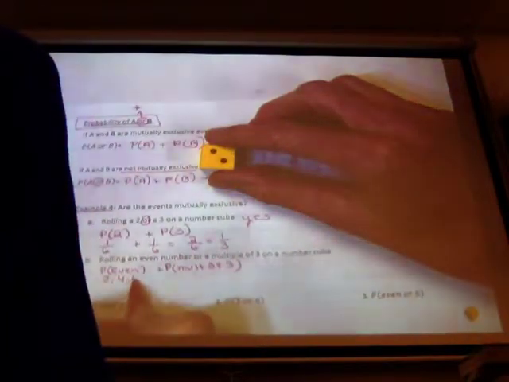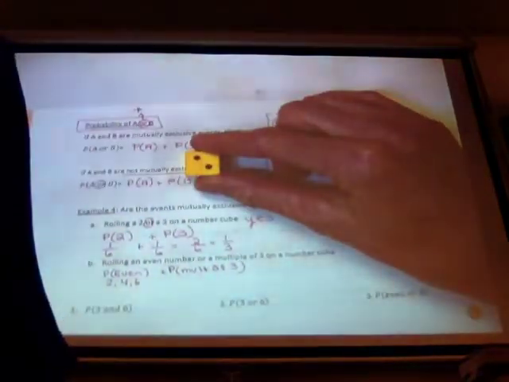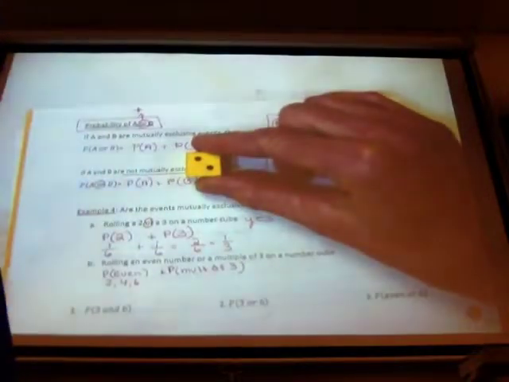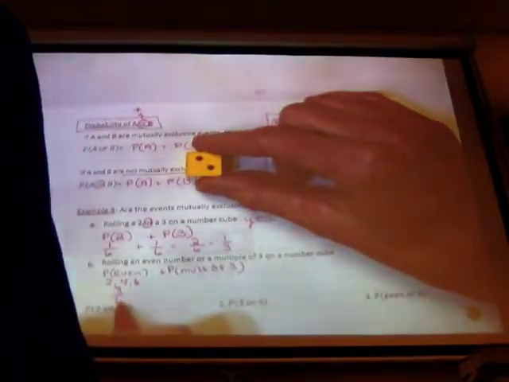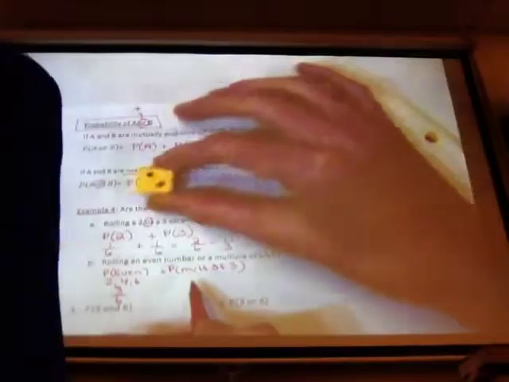So what is the probability of rolling an even number? It'd be 3 out of 6, right? You have 3 choices out of 6. Okay, now multiple of 3. What is a multiple of 3 on this dice? It is a 3 and a 6. So I have 2 choices.